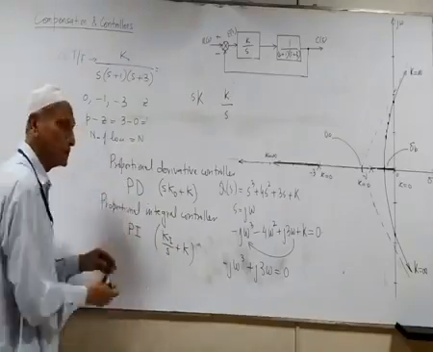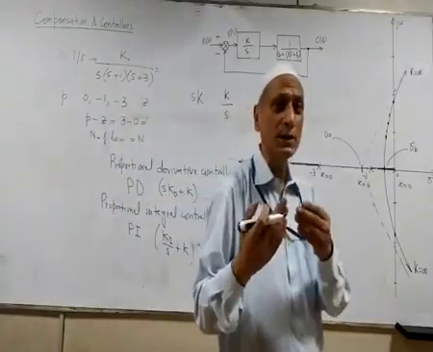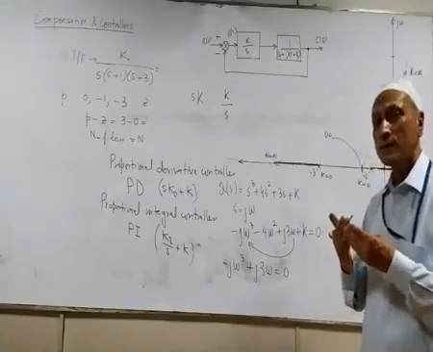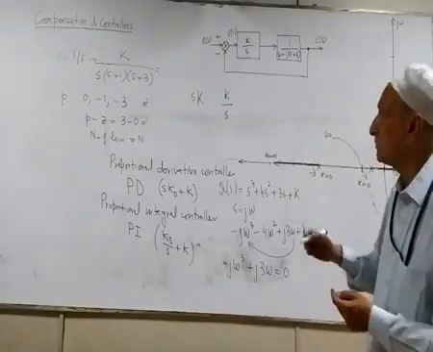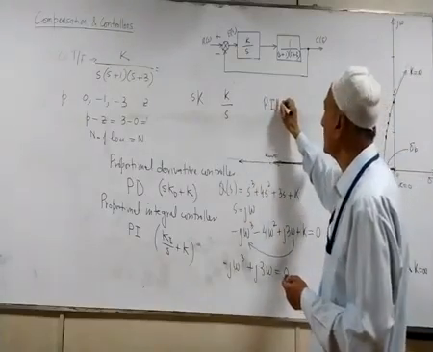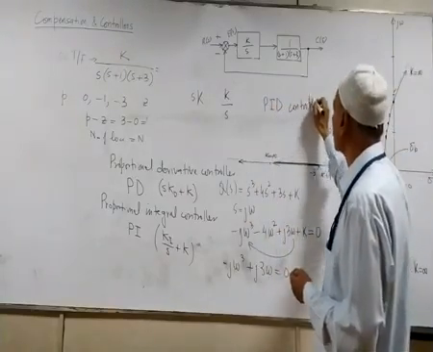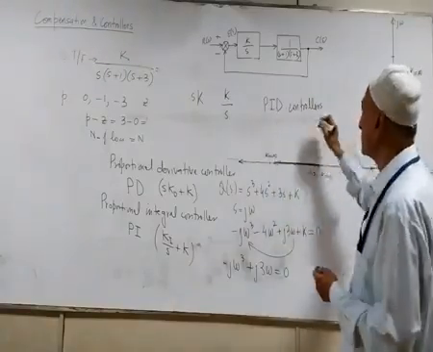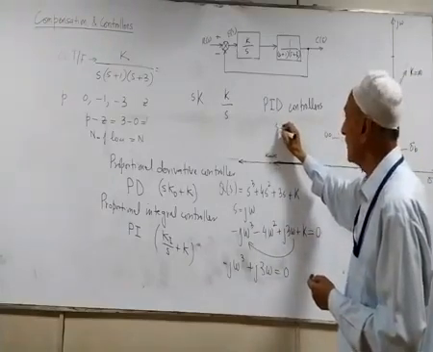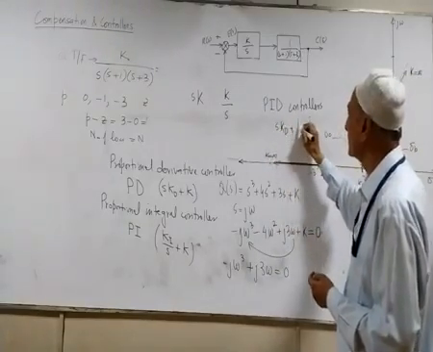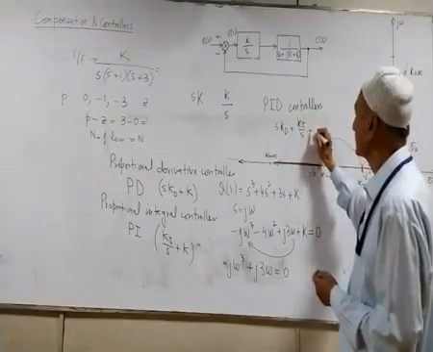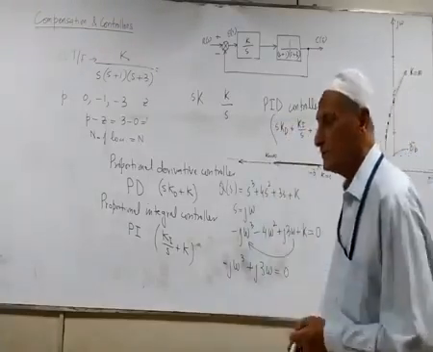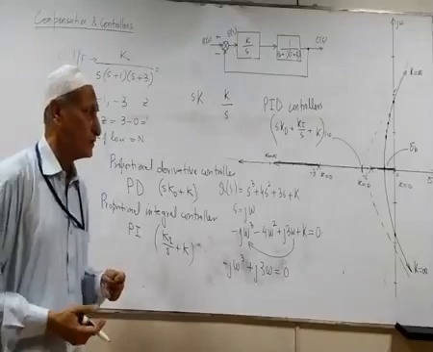Now the combination of the two will modify both the responses, transient as well as steady state, that is they will improve transient response and steady state response, and they are then referred to as PID controller. Proportional integral derivative controller, and the transfer function is S K_D plus K_I over S plus K. So we have three types of controller.